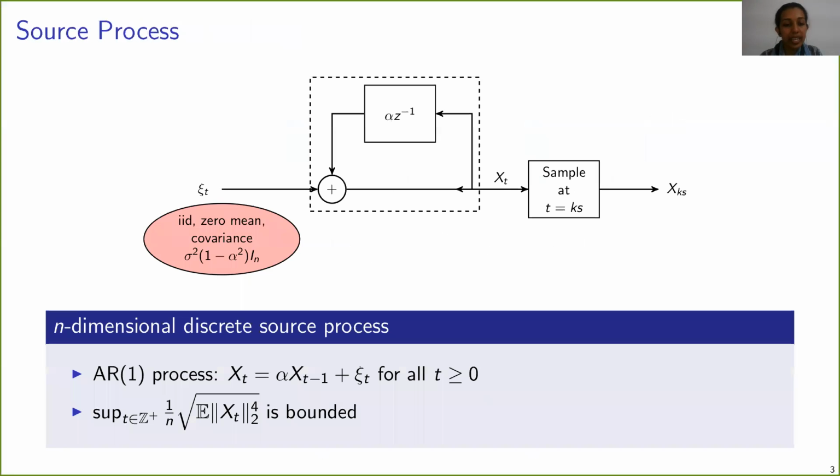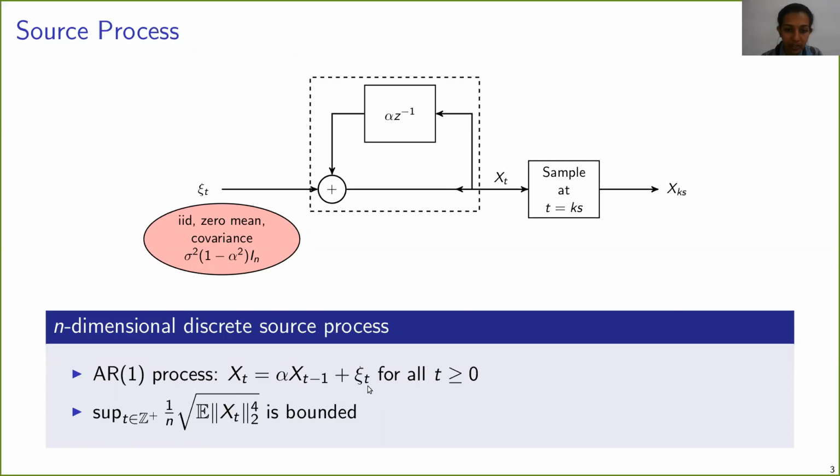Let us elaborate a little bit about the source process. We consider an n-dimensional discrete source, that is, we have an auto-regressive process of order 1 as given here with process parameter alpha and the innovation process psi t.